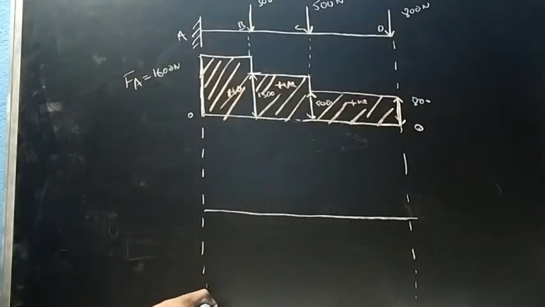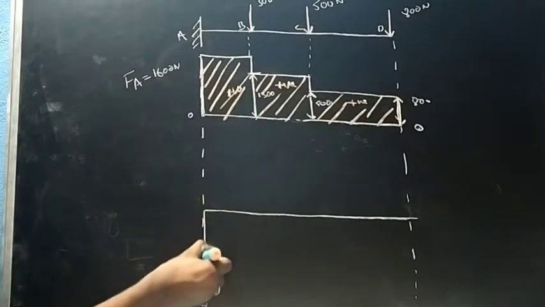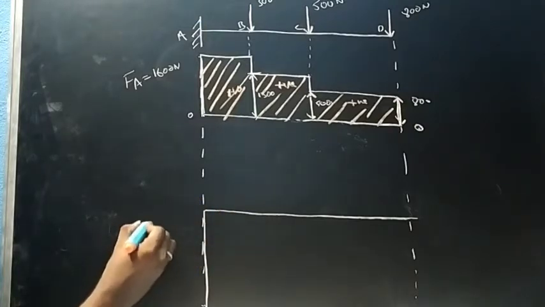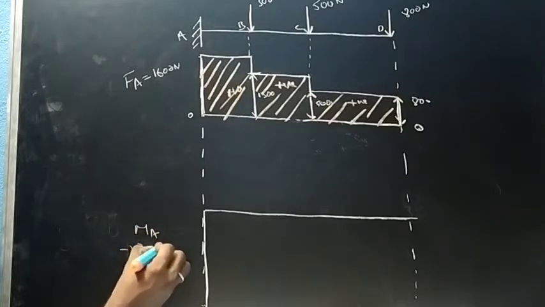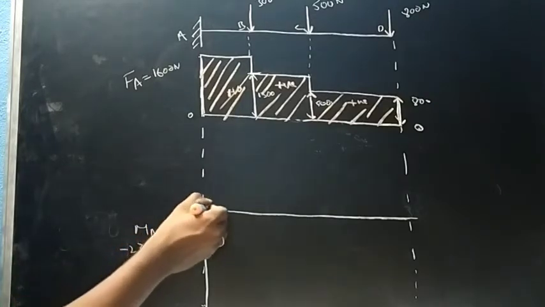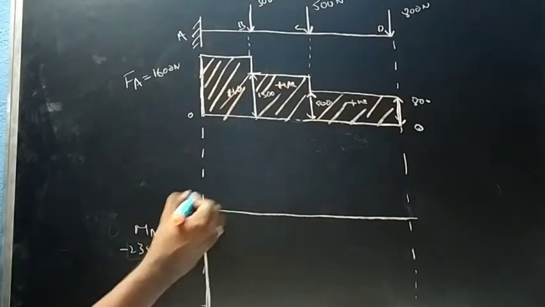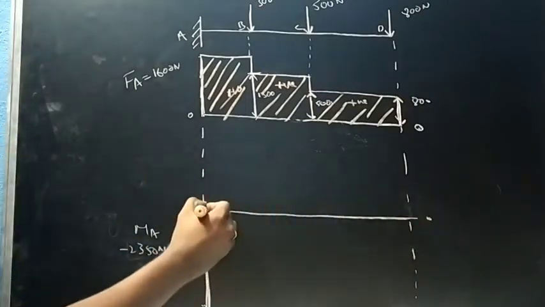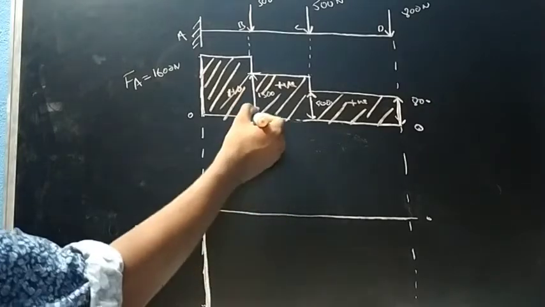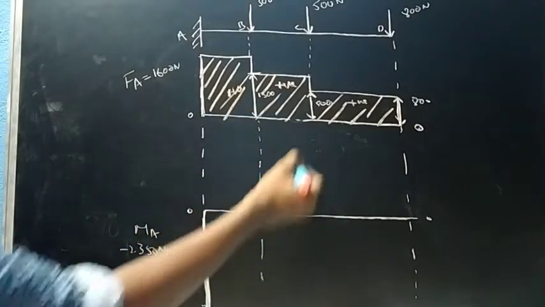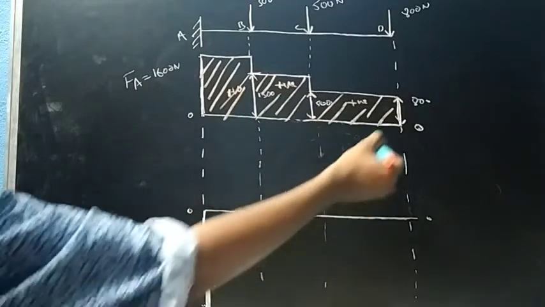So let's say this is A. We got minus, so moment at A we got minus 2350 Newton meter. So we need to draw below the baseline because it is negative. So below the baseline it is 2350 Newton meter, right. So we extend these reference lines. Okay.